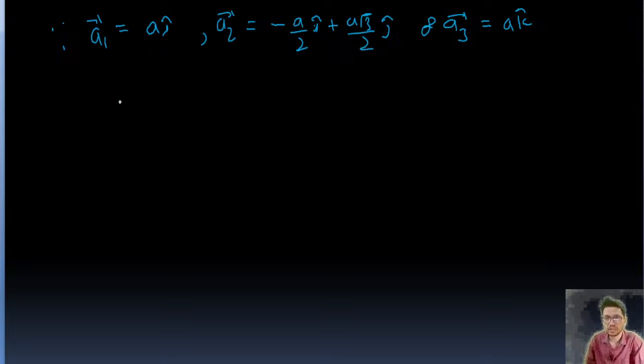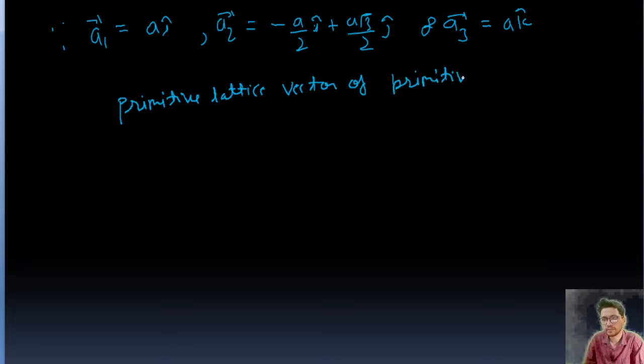So these are primitive lattice vectors of the primitive cell of the hexagonal close-packed structure.